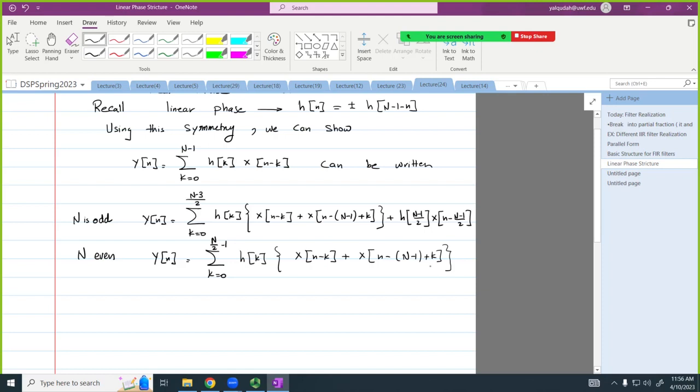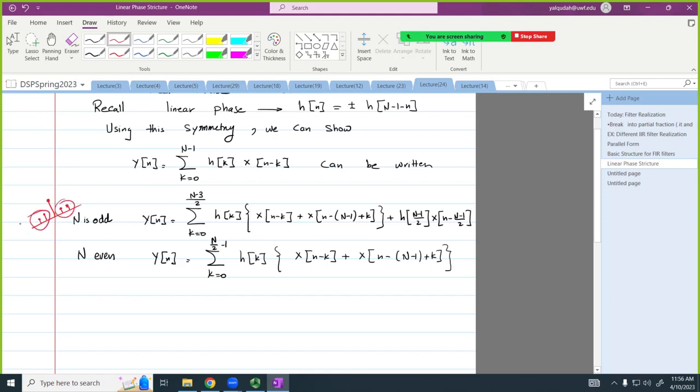Question: for the first one, is the h of n minus 1 over 2 times x of n minus 1 over 2 part of the summation? No. This is the element that's going to be in the middle, because n is odd. Got it, so that's outside the summation. Yeah. So n is odd, there is a term in the middle.